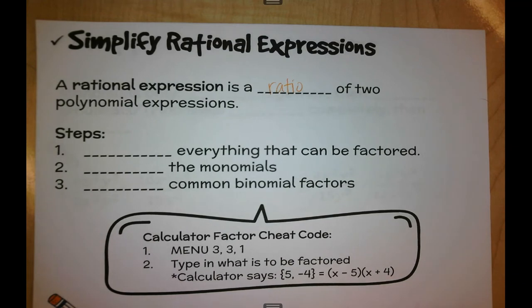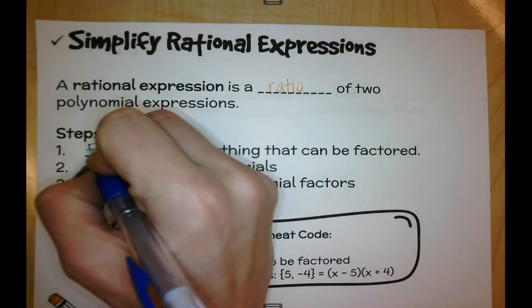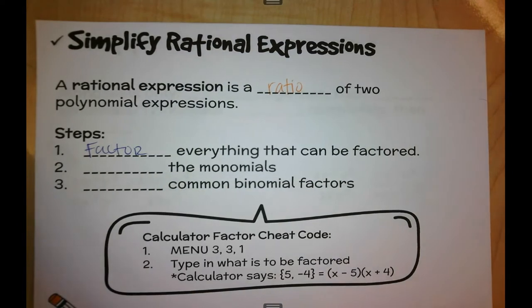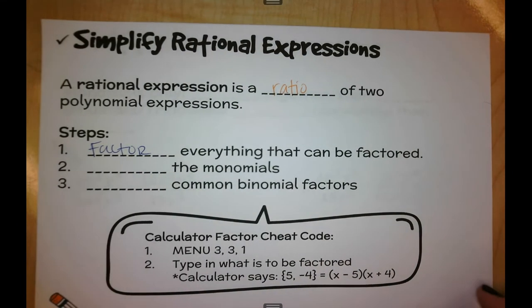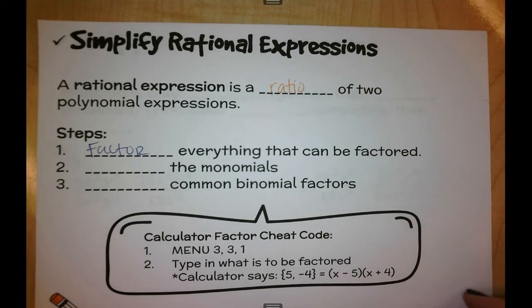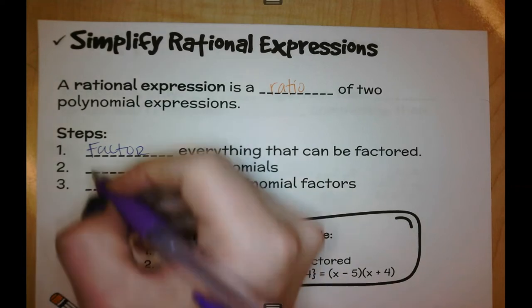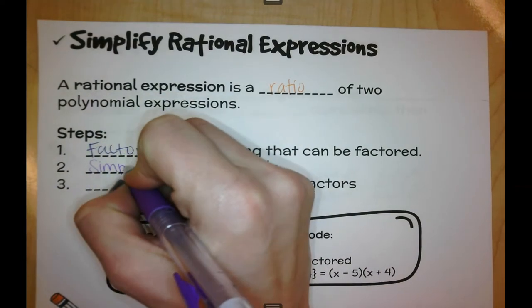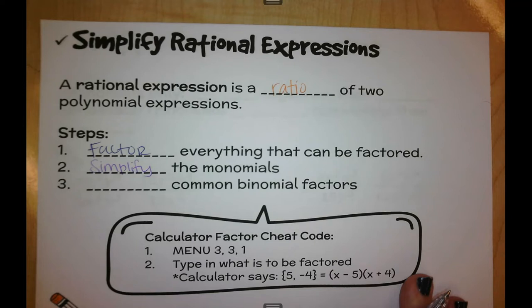Remember factoring. We want to factor everything that can be factored, which means that some things might not be factorable. That's a better way of saying that. And then secondly, we will simplify the monomials.